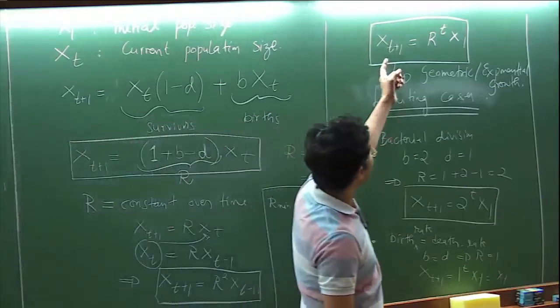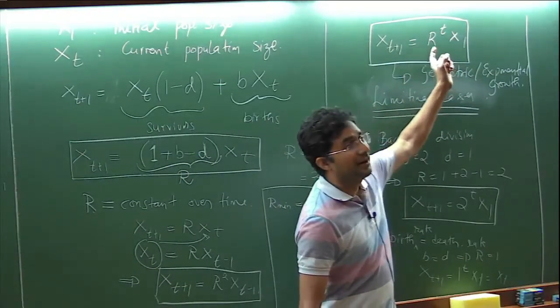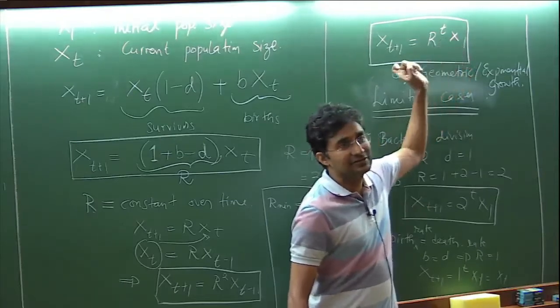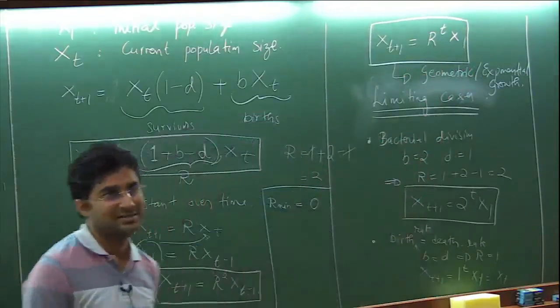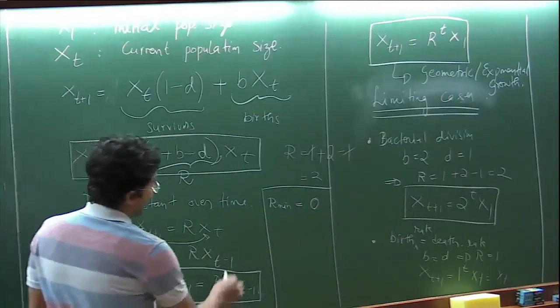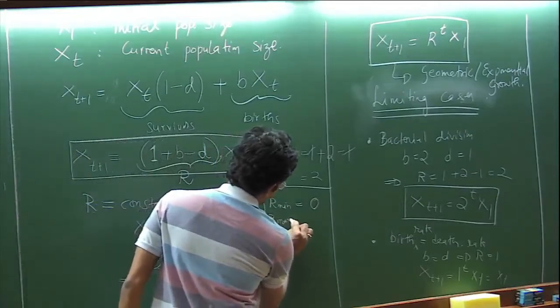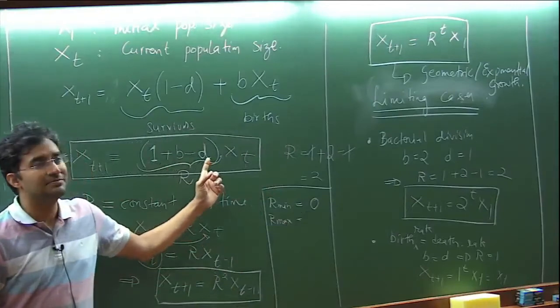And that means R can never be negative. Does that make intuitive sense? It must, right? Because you're having R power something times the population size. If R is negative, this will go bizarre. It doesn't make biological sense. So R has to be 0 and above. What's the R maximum? R is maximum when B is maximum and death is minimum.